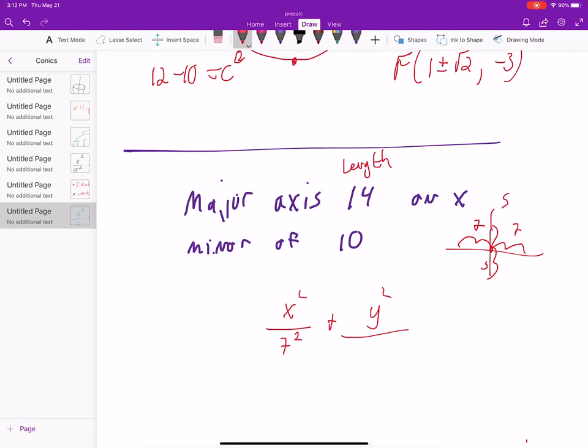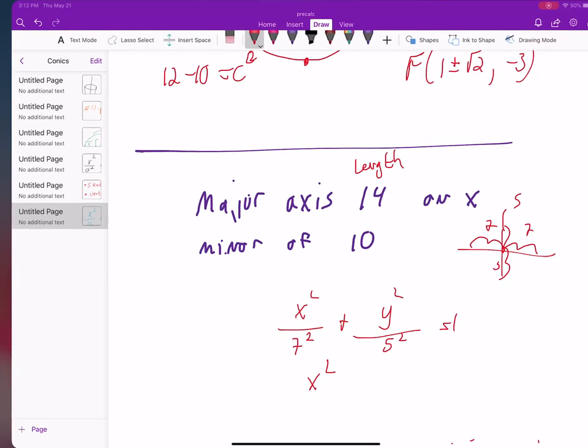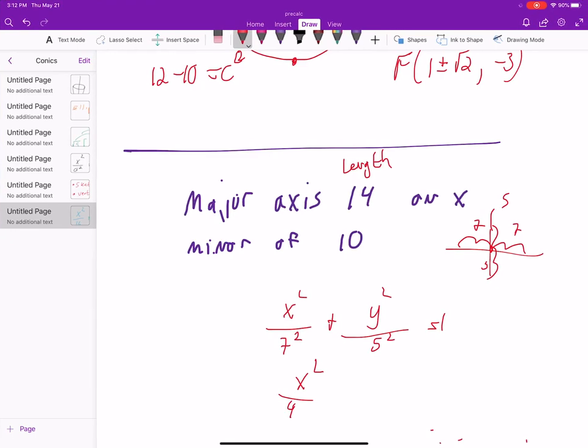So it'd be 5 squared equals 1. Then when we finish this, we'd have x squared over 49 plus y squared over 25 is equal to 1. I'm not sure, there were a couple like that that got messed up on the numbers on the bottom. It looked like it might have been a small mistake, but it's worth mentioning.